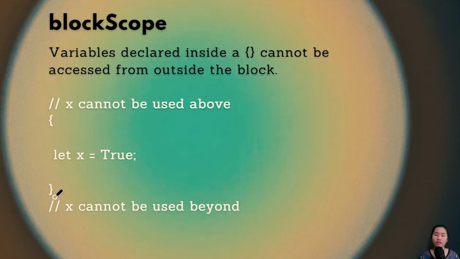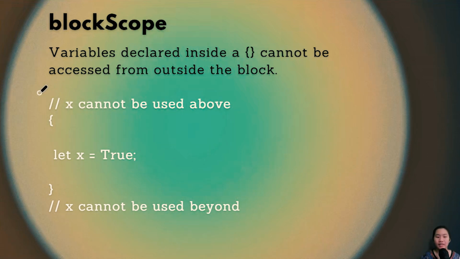You can think of it like a house. Obviously, you cannot just waltz into any house and just take whatever is yours because that's someone else's house. And you can think of scope the exact same way. For example, this is a scope now. That is the extent of a scope. Let x equals to true.